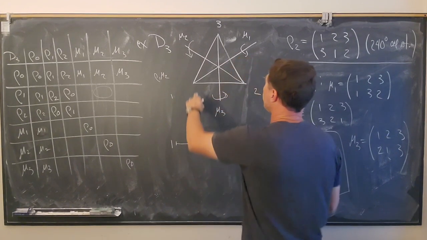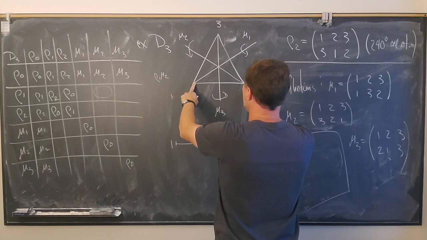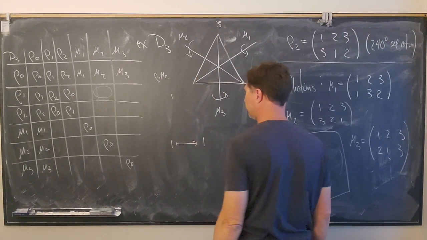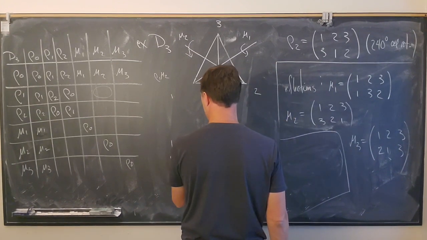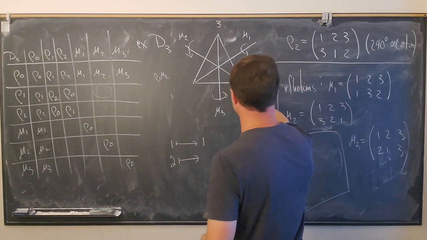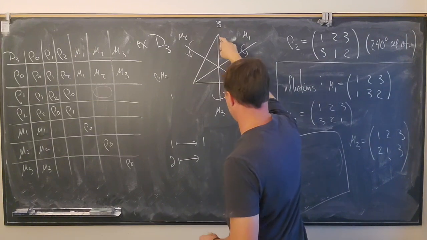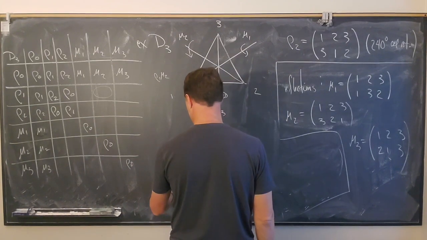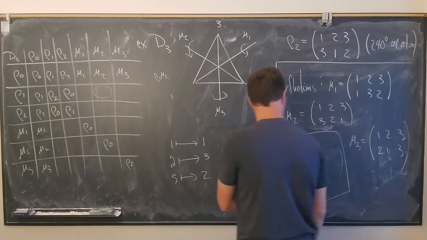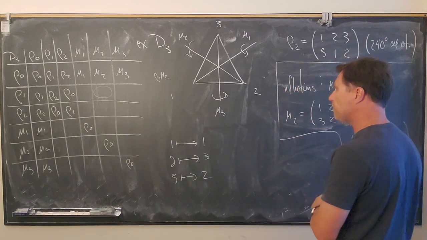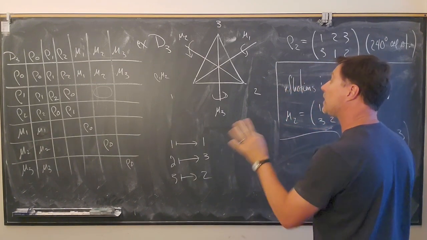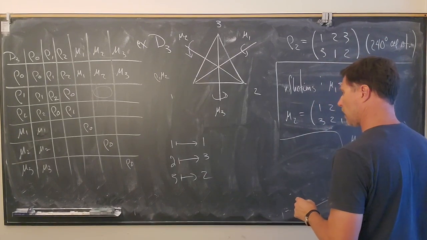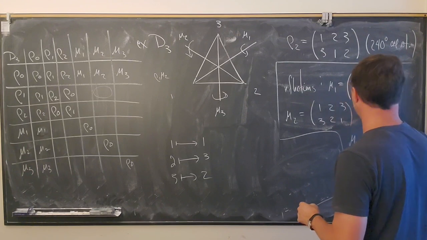If we do mu2, that takes it to 3, and then we reflect, 1 goes to 1. And then what happens to 2? If we do mu2, nothing, and then it goes to 3. So 2 goes to 3. And then 3 has to go to 2. And so who is that? Row 1 times mu2 is, who is it? It's 1, 3, 2, so it's mu1.